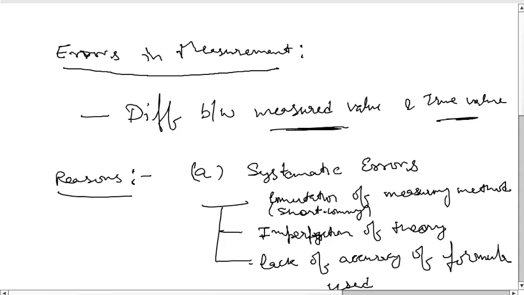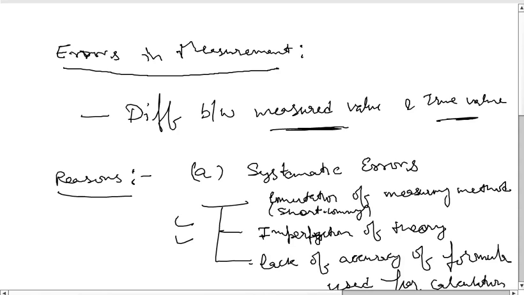Generally, we take a lot of assumptions while deriving certain formulas in physics, because we ideally assume a lot of things. So that is also some lack of accuracy of the formula used for calculation. So broadly we can divide our systematic errors into these three possible cases.